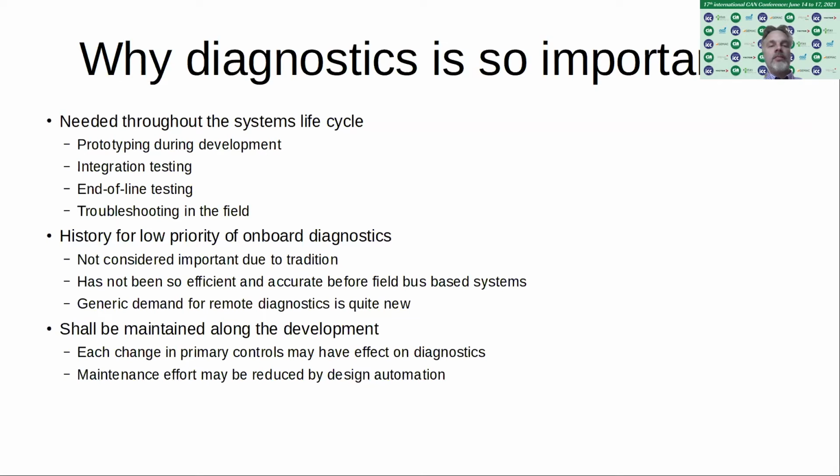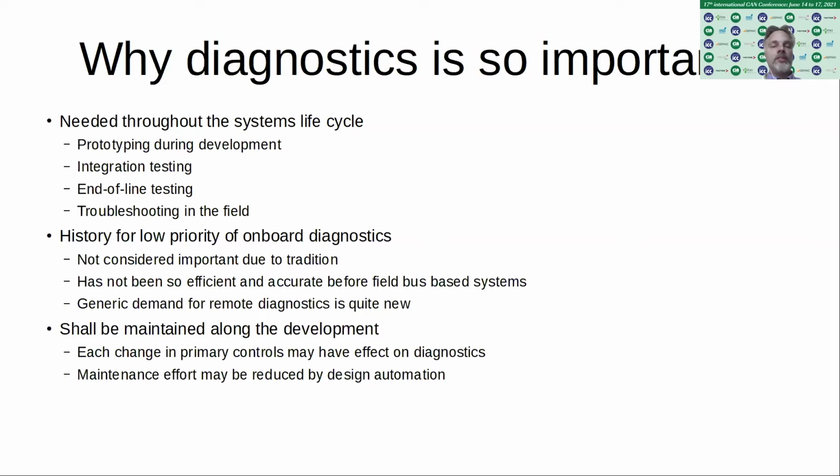And old-fashioned discrete instrumentation has been a bottleneck quite a long time, but along with CAN and CANopen systems, technology has not been an obstacle anymore. And fieldbuses provide quite an excellent basis for systematic onboard diagnostics.